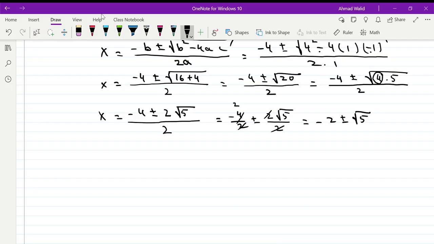The first zero that we found was negative 3. If you want to list them, the first one was negative 3. The second one is negative 2 plus radical 5. And the third one is negative 2 minus radical 5. These are the zeros of your polynomial function.